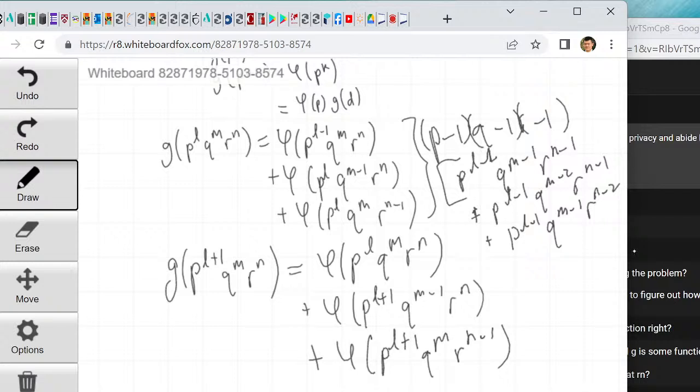Okay. And here it's the same thing, I think, but with smaller p. P minus 1, q minus 1, r minus 1.